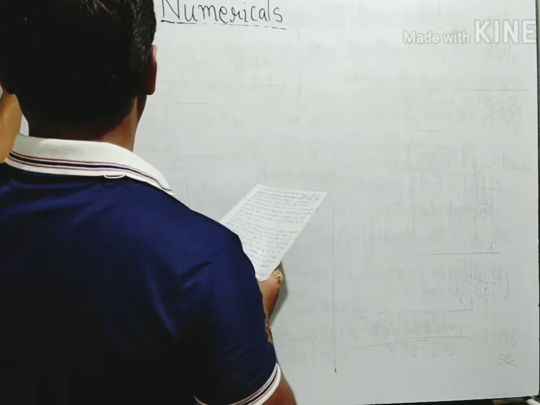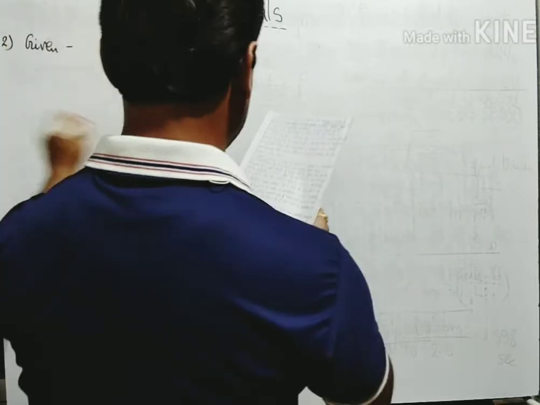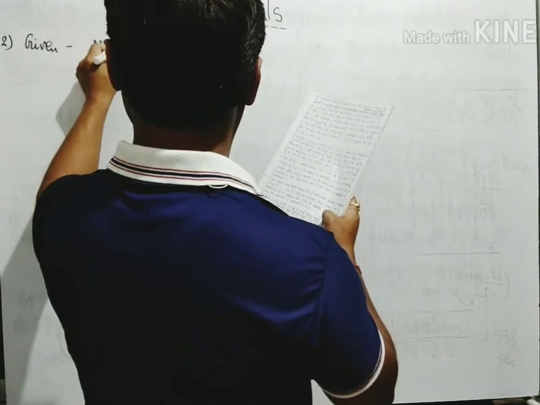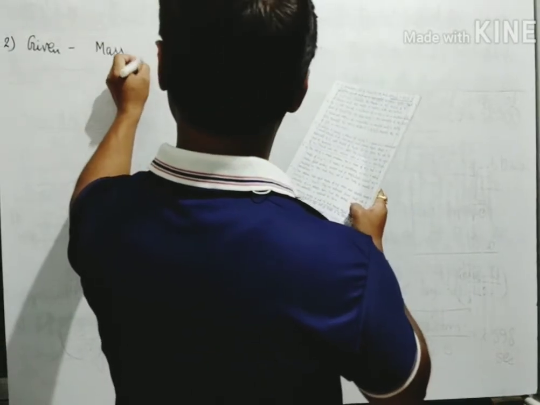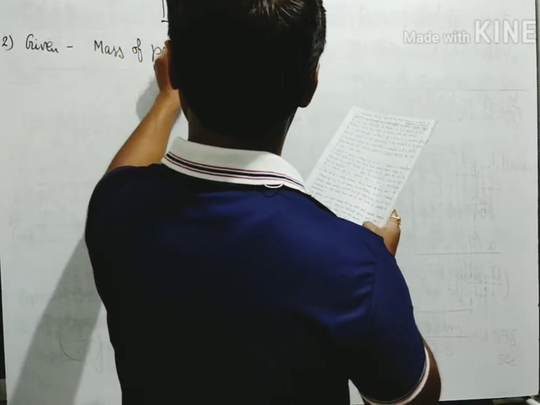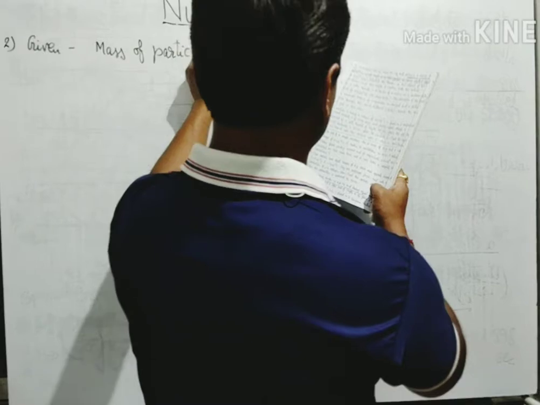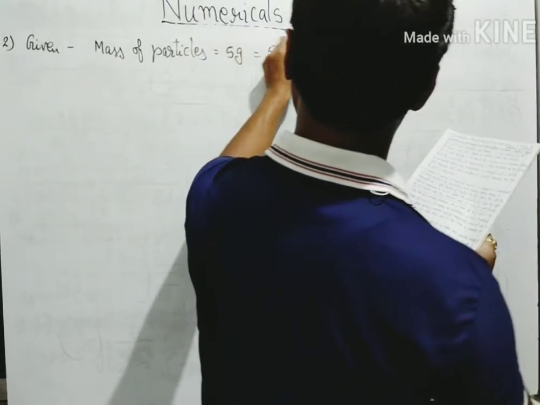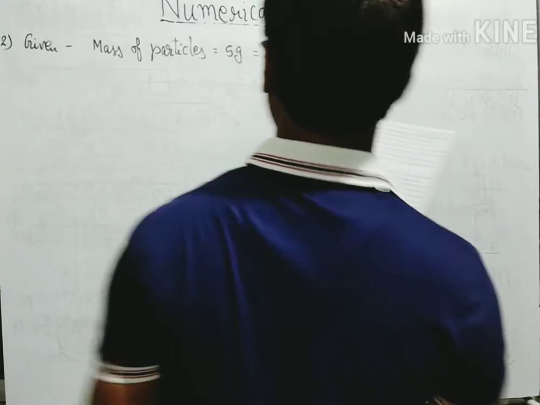So here the given information is what? Mass of particles is equal to 5 gram, which is 5 into 10 to the power minus 3 kg.